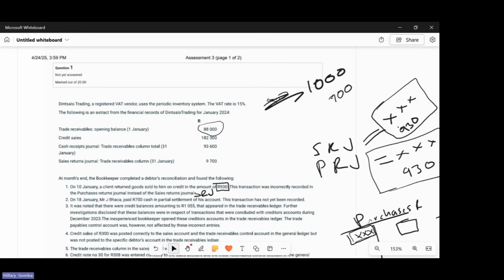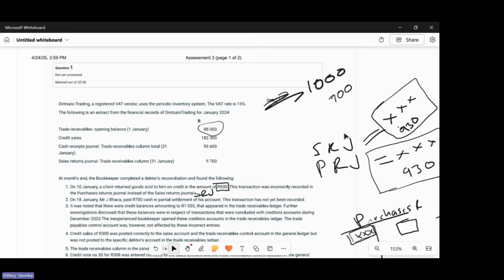But because the transaction has not yet been recorded, on our bank account we do see that there's a 700 that got into our bank account, but in our books we haven't recorded that we received 700 rand from a certain client. So this is basically what they're telling me, that there was a notification of 700 rand that the bank showed, but it has not yet been recorded in the cash receipts journal to say we have received this amount of money from a debtor.